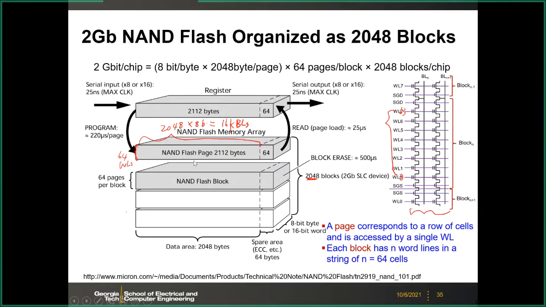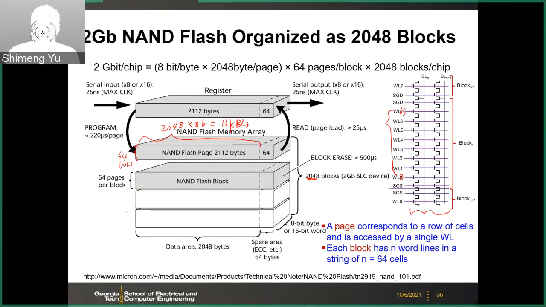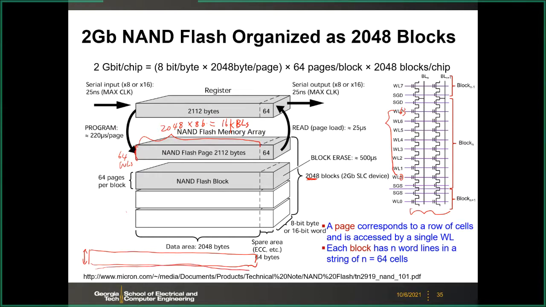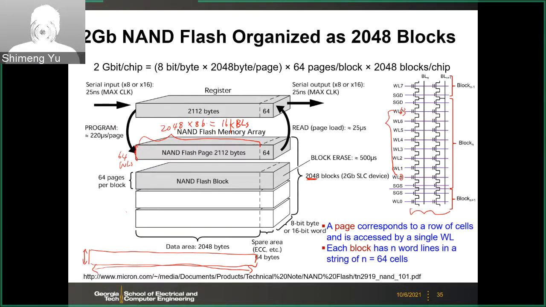So if you imagine the layout for this NAND flash block, it will be very rectangular, right? The word line count is only 64, but the bit line count is 16K. The block is very rectangular in the NAND flash. The reason is that the number of cells along the string is limited.